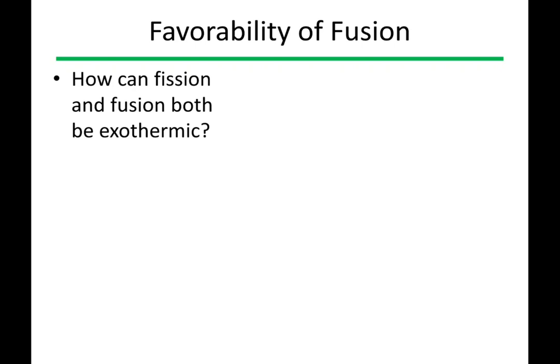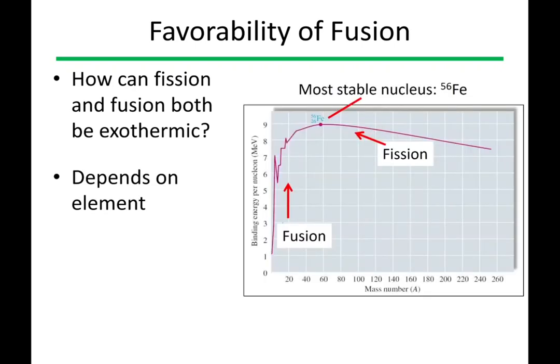Now this won't always be the case. There's certain regions where this is true, and it's going to depend on the element. So you'll recall this table where we looked at the binding energy per nucleon, and we can compare it to the mass number. So you'll see that if we have things with a relatively low mass number, often if we make them into something that has a higher overall mass number, we'll actually end up with a higher binding energy per nucleon.